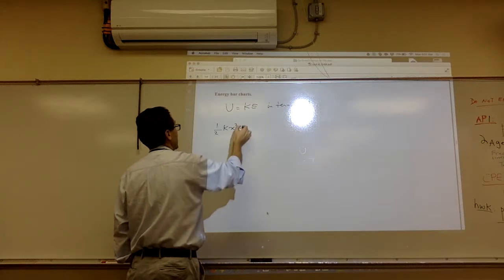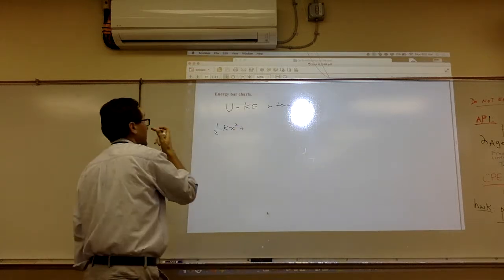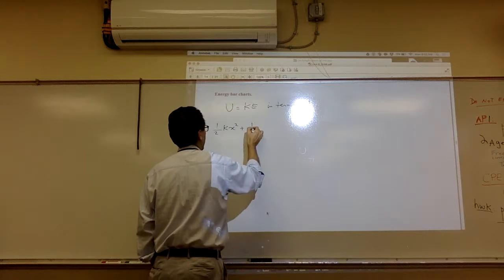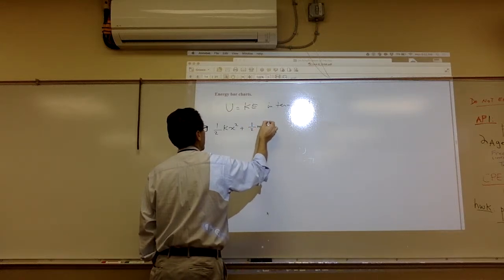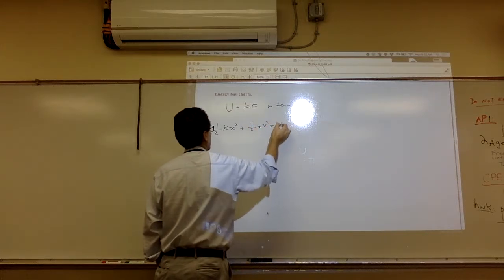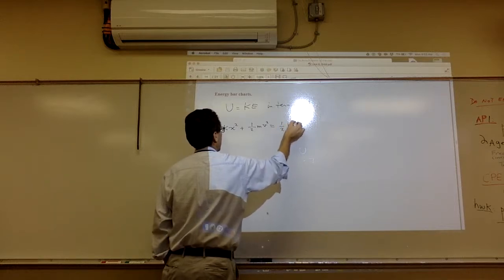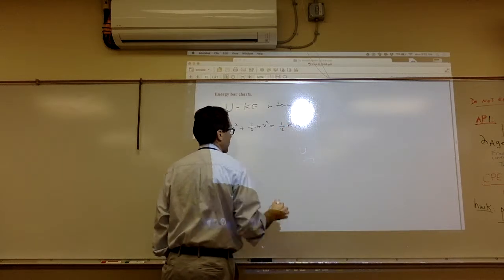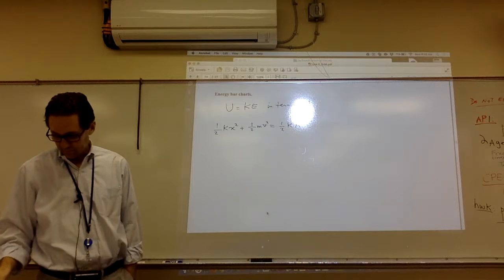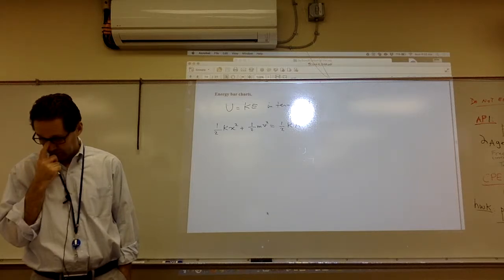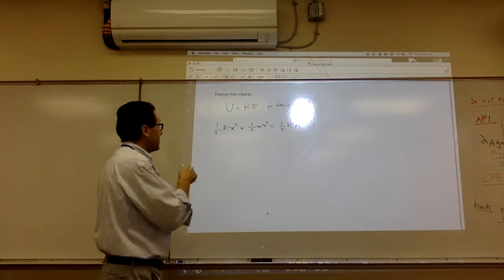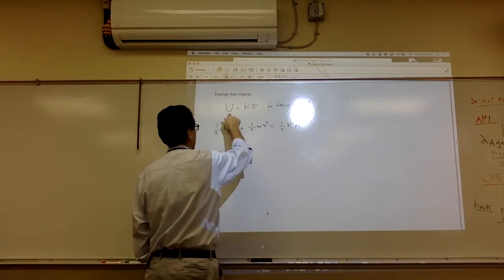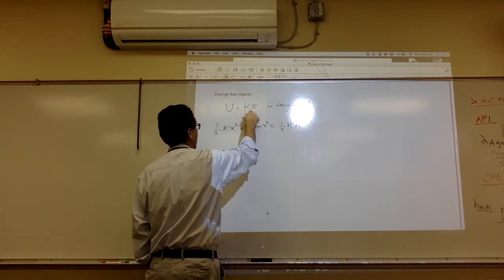Plus 1/2 m v squared equals 1/2 k a squared. I'm setting it up so that my potential energy and my kinetic energy are the same.